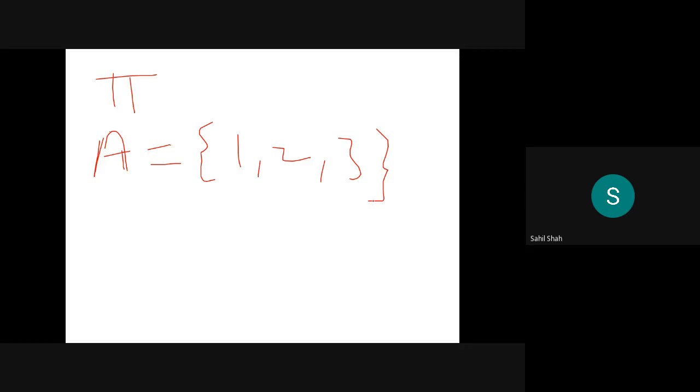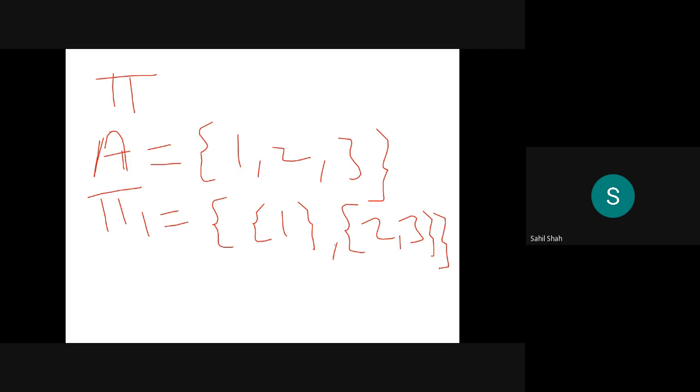Let me define a partition of A like pi1 equal to {1}, {2, 3}. Can you tell me whether pi1 is a valid partition or not?